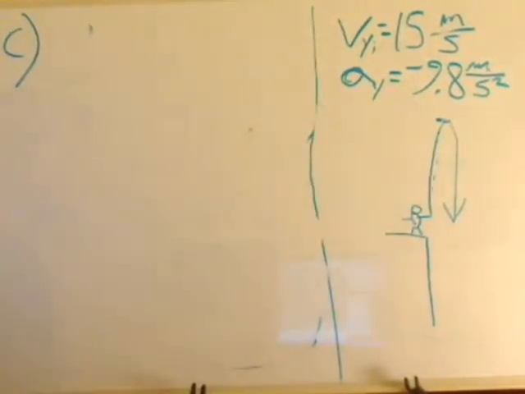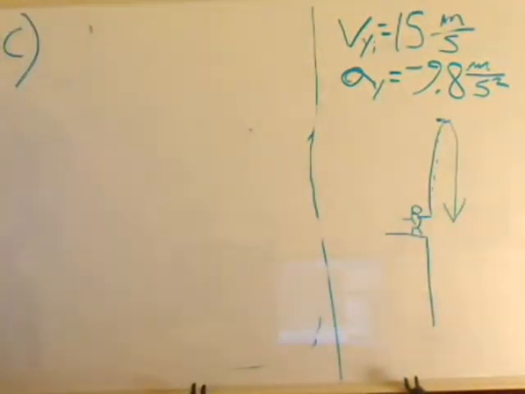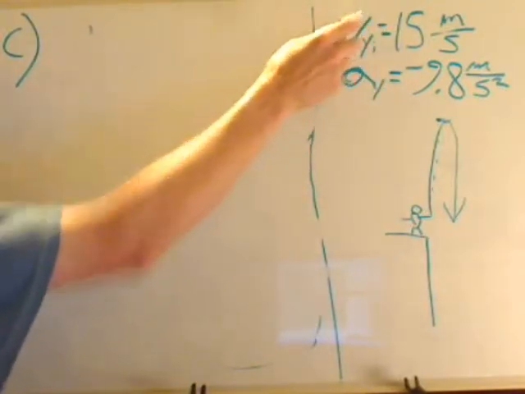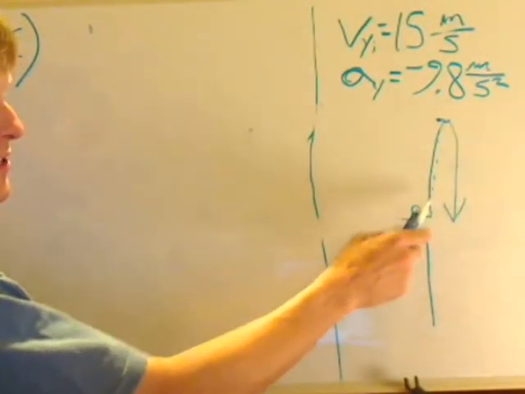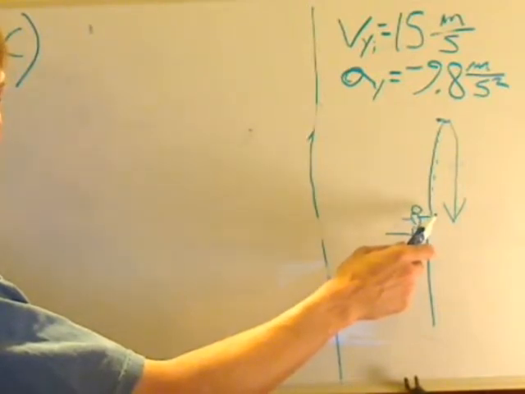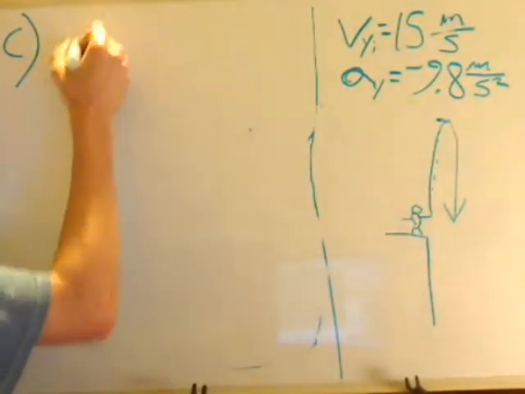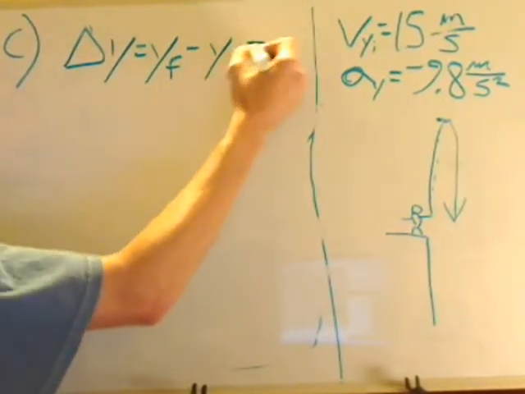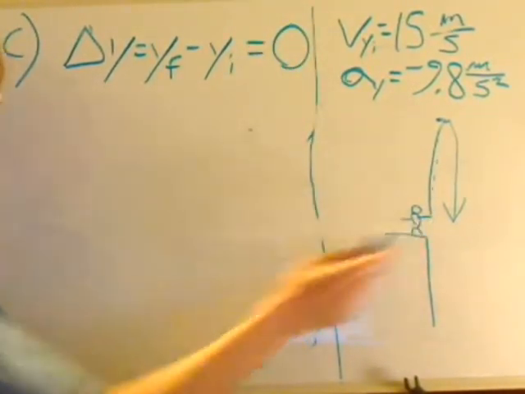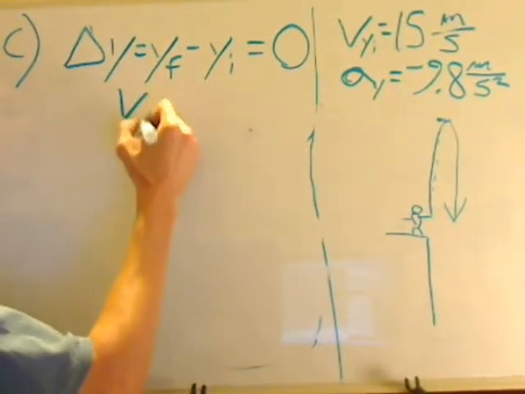We want to know what the velocity is down there. These same values still apply, but what else do we know about the motion of this ball? Well, we know that its final height is the same as the initial height. So our displacement of the ball, delta y, which is y final minus y initial, is 0, because the ball has returned to its initial height.